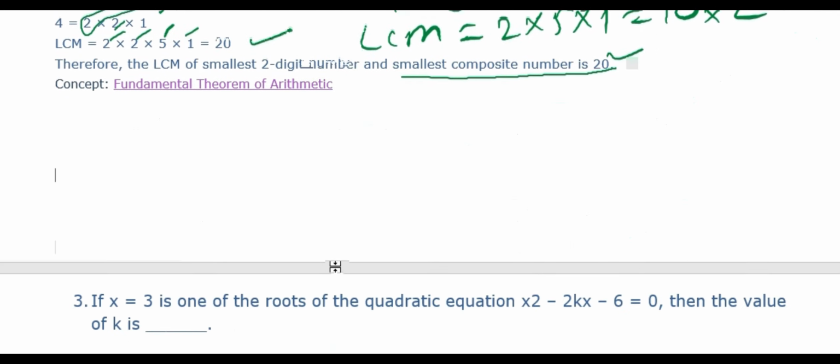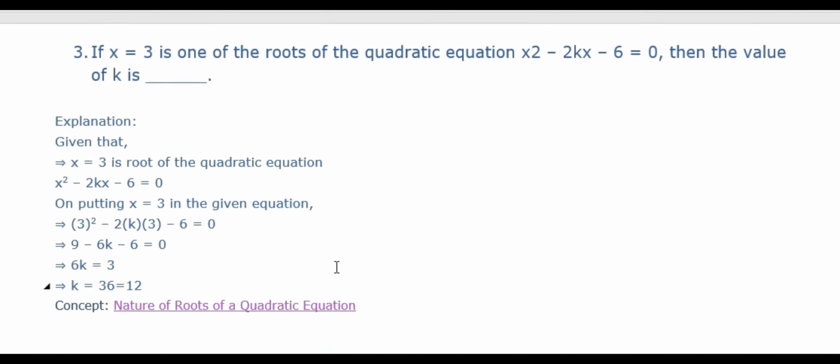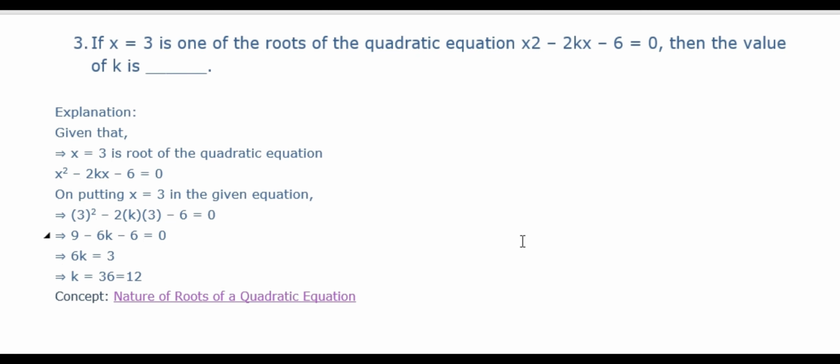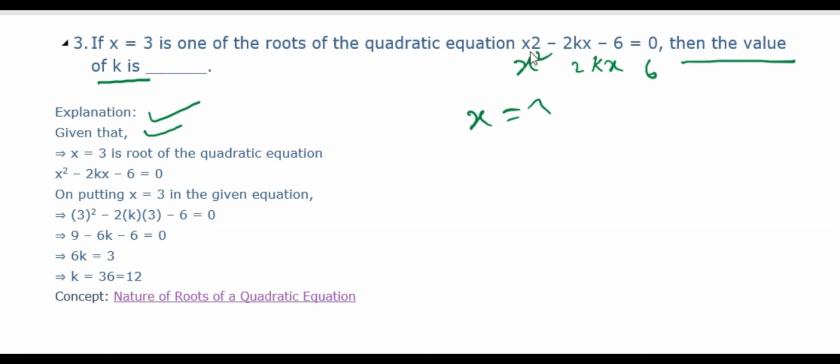Next question on your screen you can see: if 3 is one of the roots of the quadratic equation x square plus 2kx minus 6, find the value of k. Explanation: given that x equal to 3, you put 3 square minus 2 into k into 3 minus 6 equal to 0.